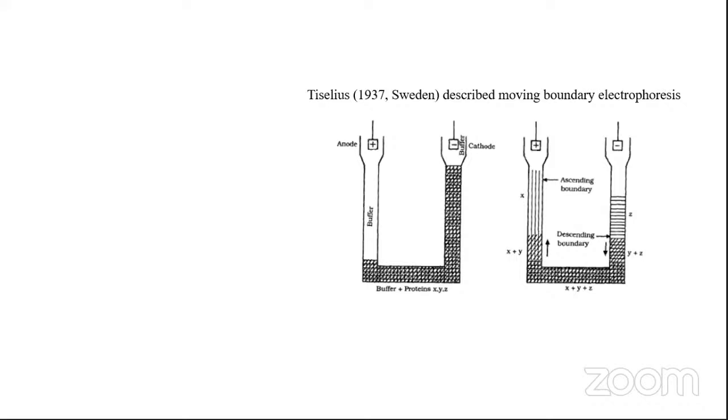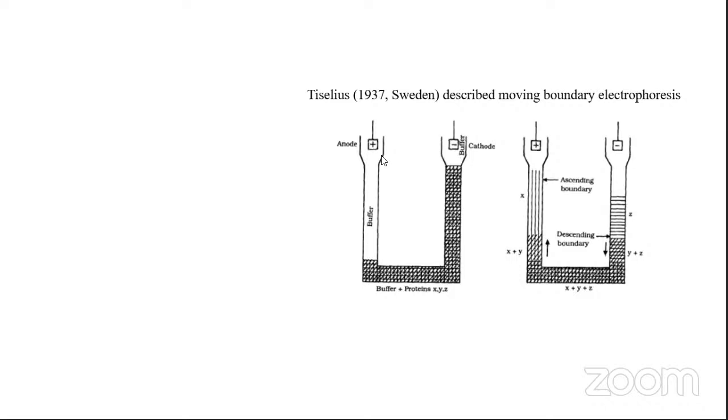So if there is a mixture of three different proteins kept in a U tube, which is the Tiselius moving boundary apparatus, then the concept is that you have pure buffer, and below the pure buffer is the mixture of protein, again layered up with pure buffer.